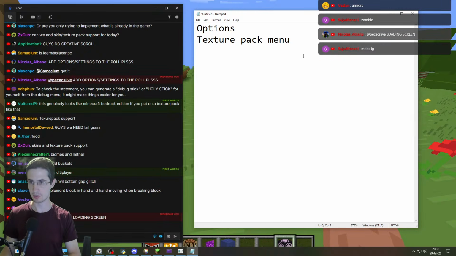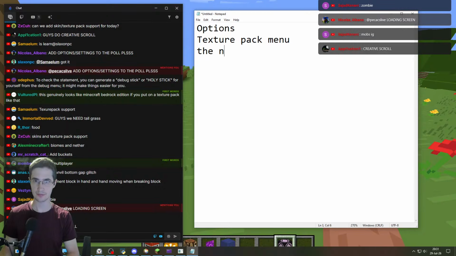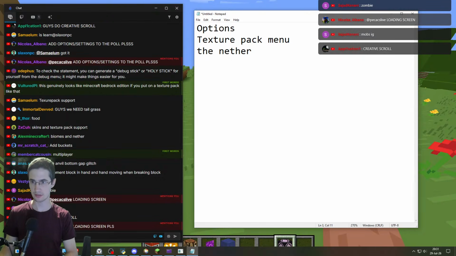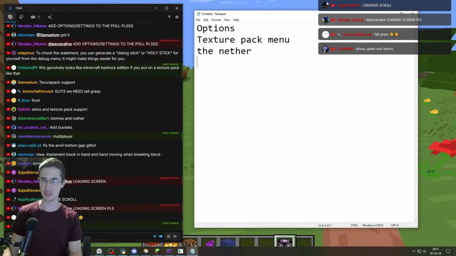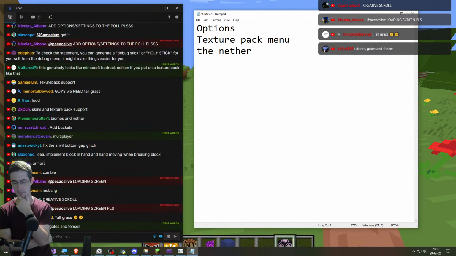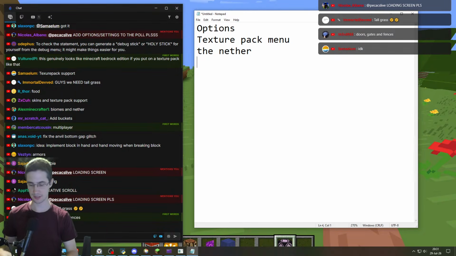We're not doing multiplayer. The nether, we can try to do the nether. Hurt animation when breaking a block, we can try that. We can do hurt animation.